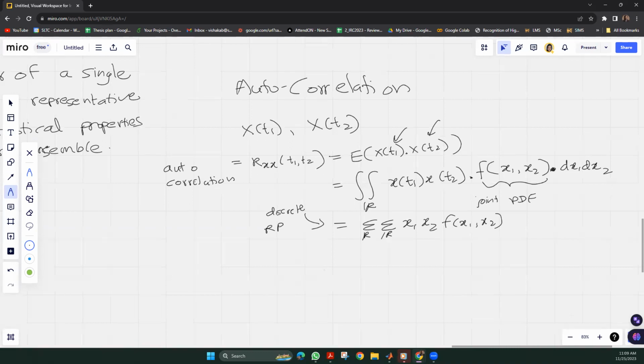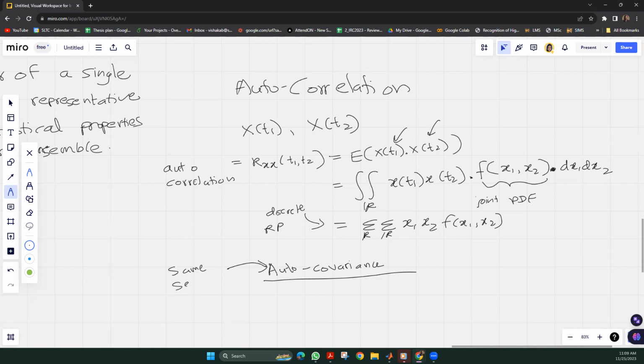Right, so I will go ahead. Auto covariance function. One thing I want to mention with these auto terms: auto covariance and auto correlation refer to the same realization, the same sequence.